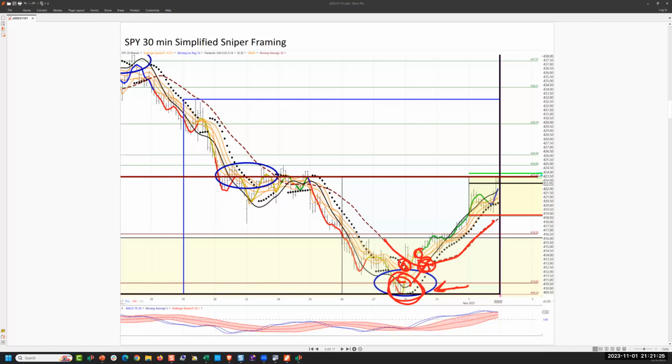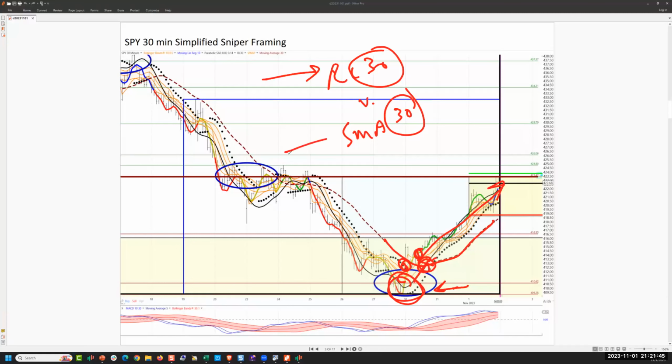And it turned to the summer. That's all good. So you got to pay attention to the RL30 and the SMA 30. They're both used in 30 period look back, so statistically significant, but one of them is much faster. That's the slow one. That's the fast one. That's the slow one.